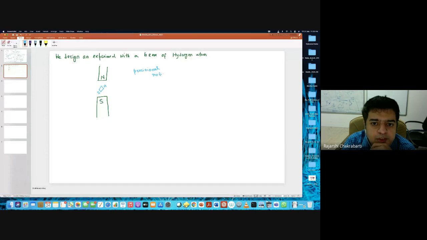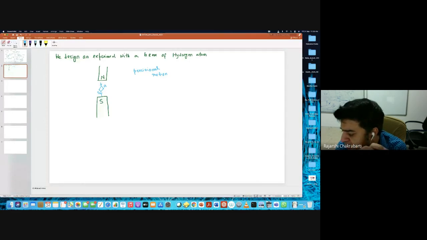It will do some precessional motion, and it will not do anything else. But why? Because the force acting on one side and the force acting on the other side will exactly balance each other. As a result, it will start doing this precessional motion.